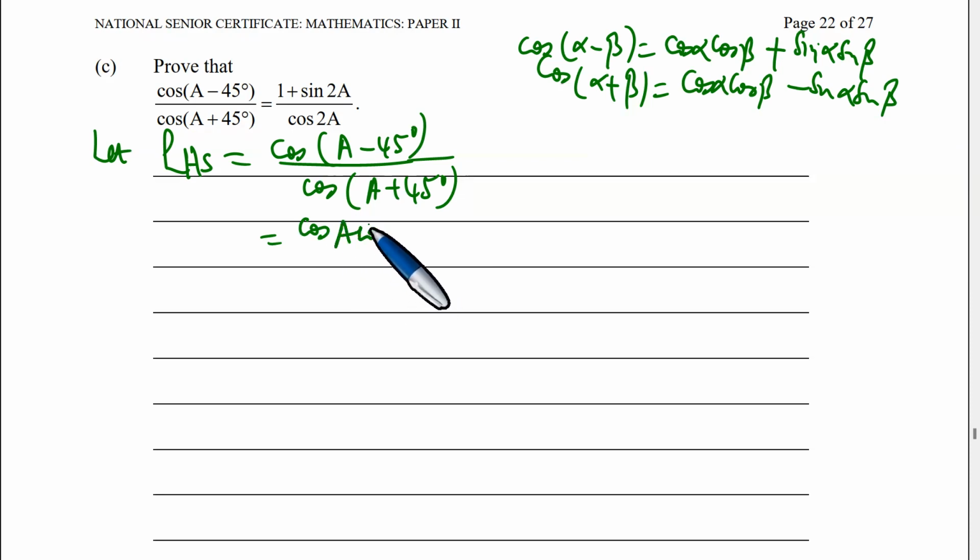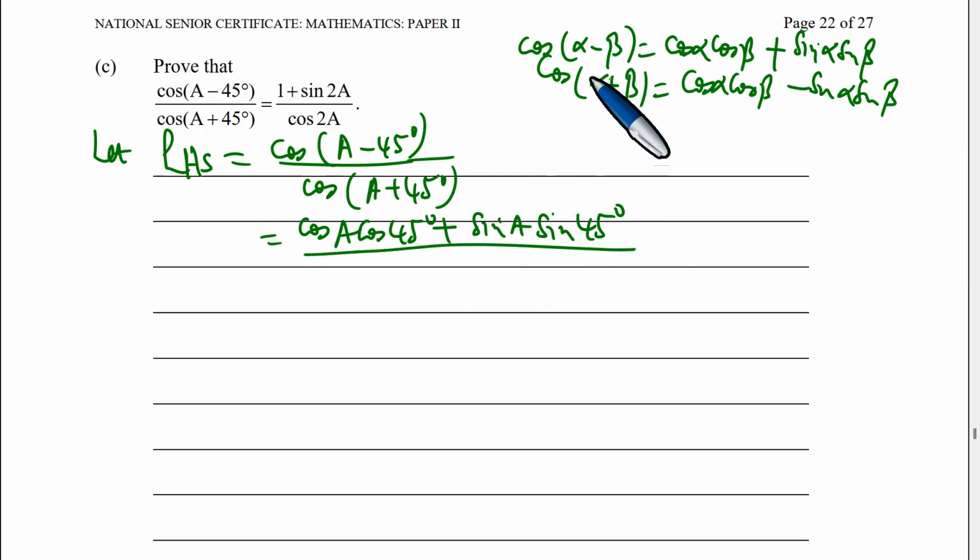cosine of A cosine 45 degrees plus the sine of A, the sine of 45 degrees. Just used the first one with cosine alpha minus beta. The second one with the plus, which is cosine A cosine 45 degrees, if it's plus, it becomes minus the sine of A, the sine of 45 degrees.